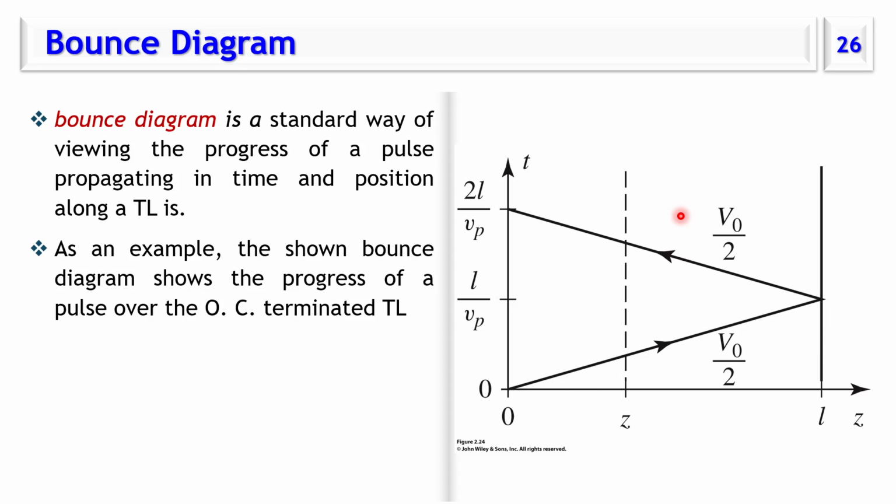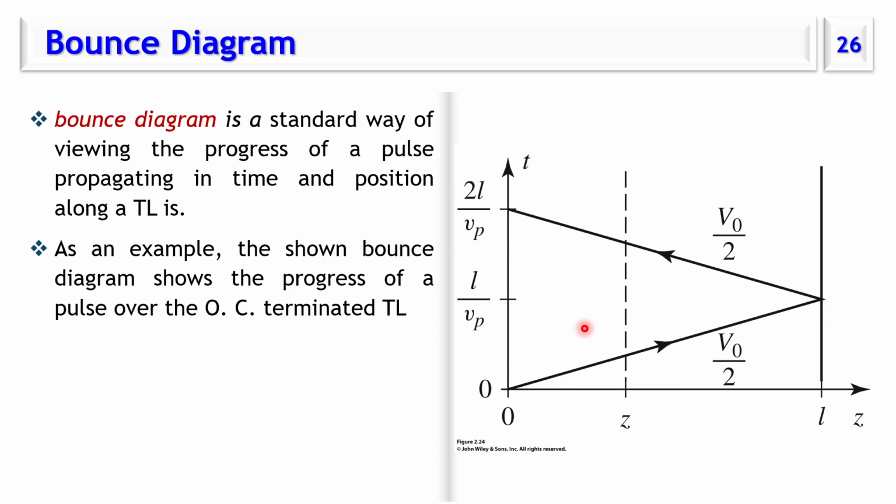A good way to analyze this problem is called the bounce diagram. The bounce diagram is a standard method to solve for the transient of a transmission line on paper, of course. It is not the one used in simulation packages.